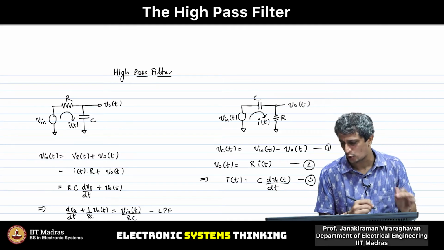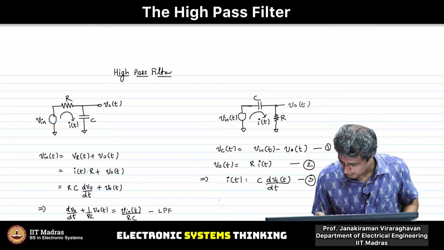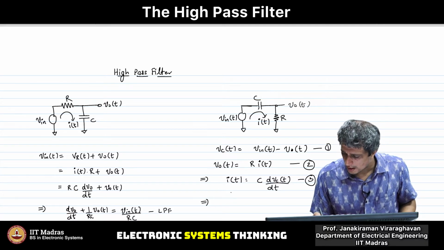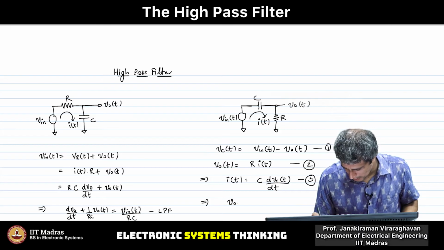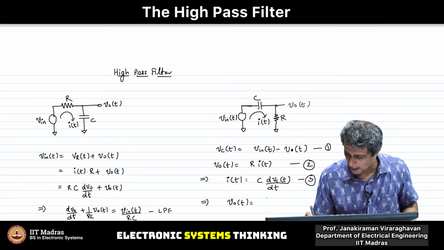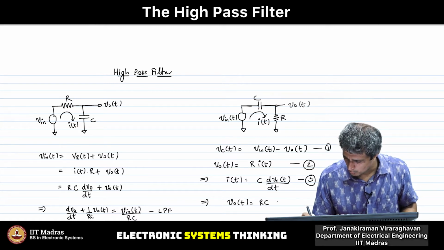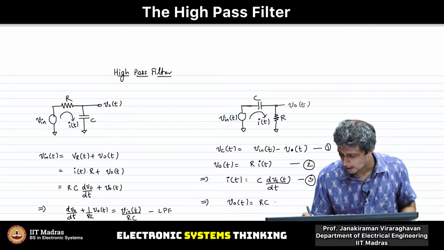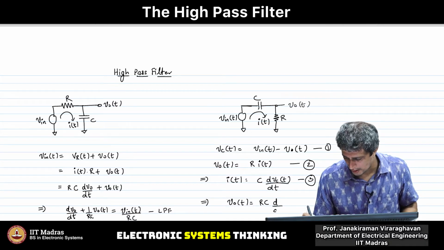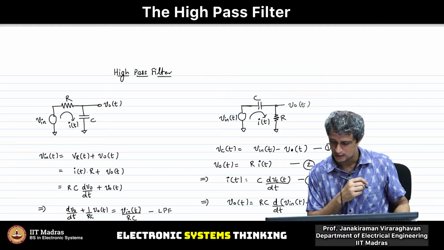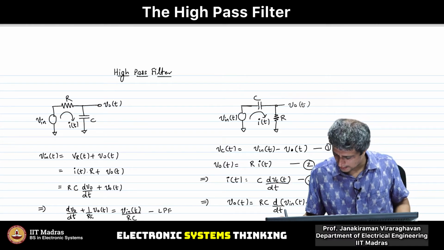I will combine equation 2 and 3 and put it into 1. V out of t is going to be I of t into R, so therefore you get RC into dV c by dt, which is basically going to be d by dt of V in of t minus V out of t.